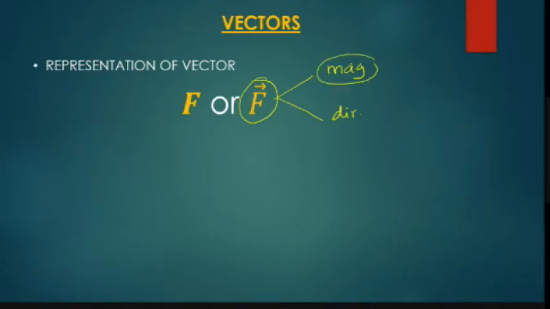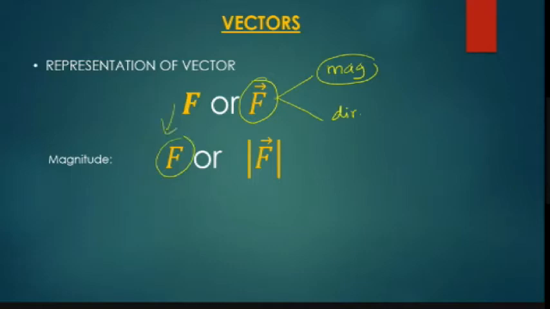How is the magnitude of a vector represented? There are two ways, because there are two ways of representing vectors. If we use bold letters for vectors, then the magnitude can be represented as the normal letter. But we will not follow this convention; mainly we follow this convention. If I write this, this is the symbol of magnitude. You might have studied it in maths.